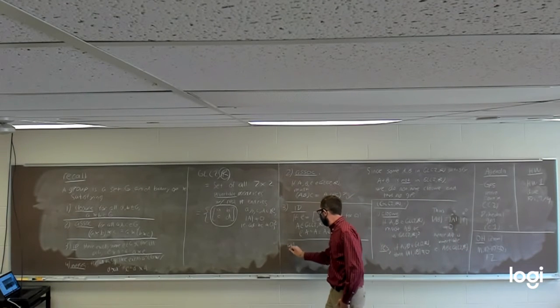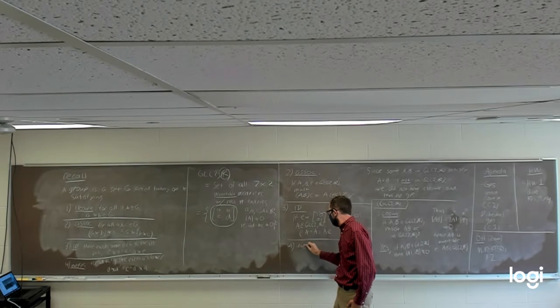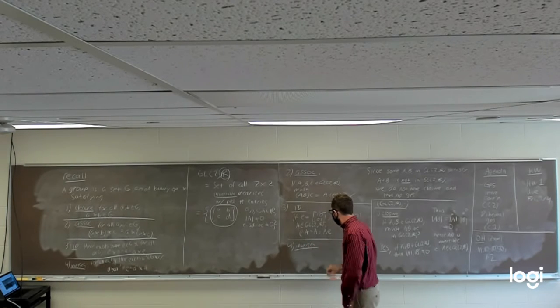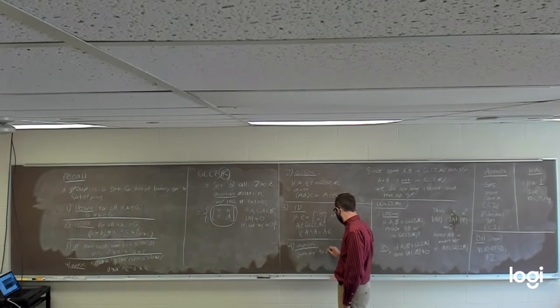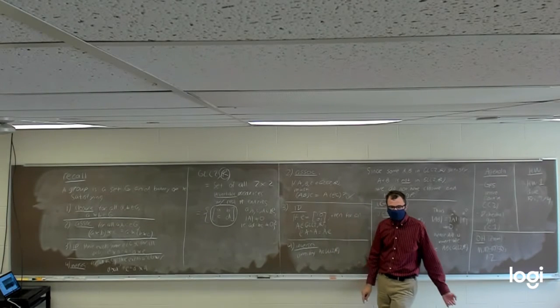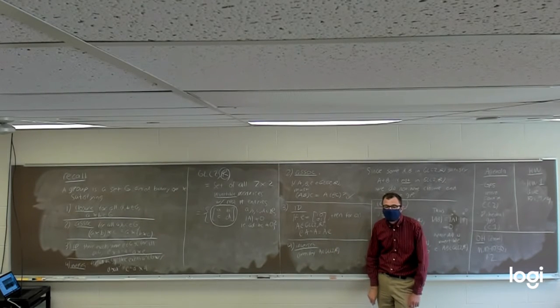All right. Last up is inverses. So given any A, an invertible 2 by 2 matrix, how can we find the inverse of A?